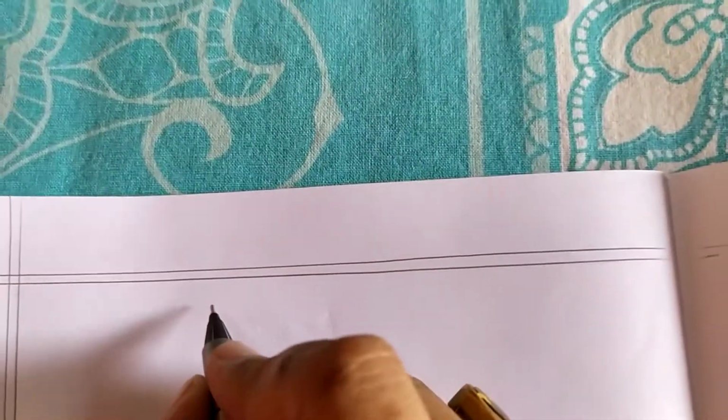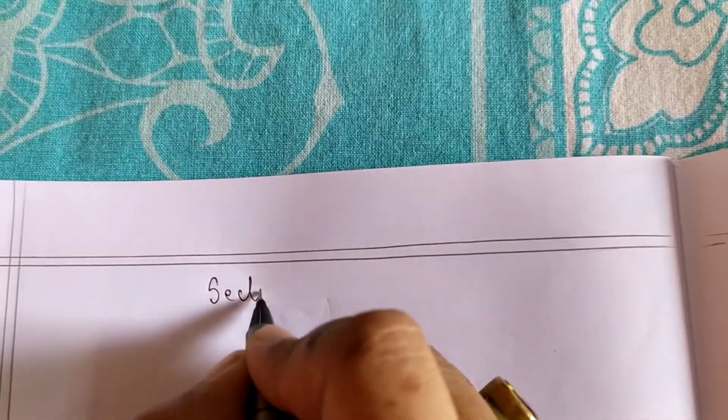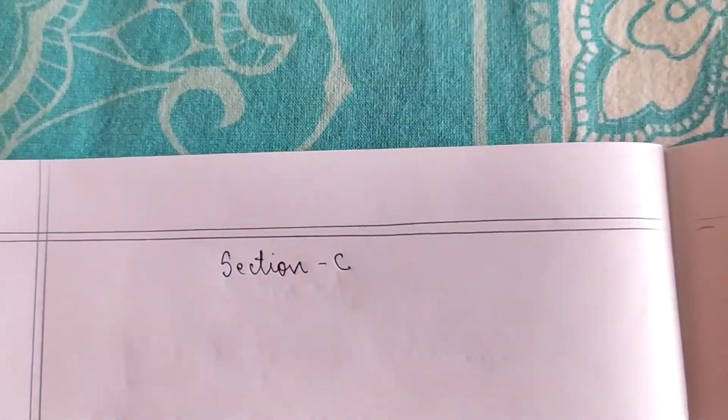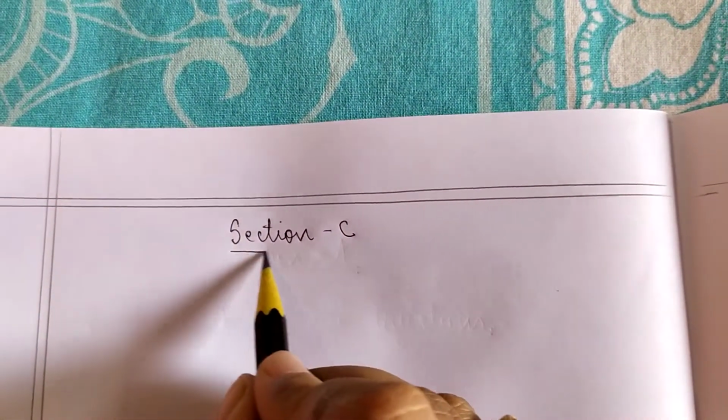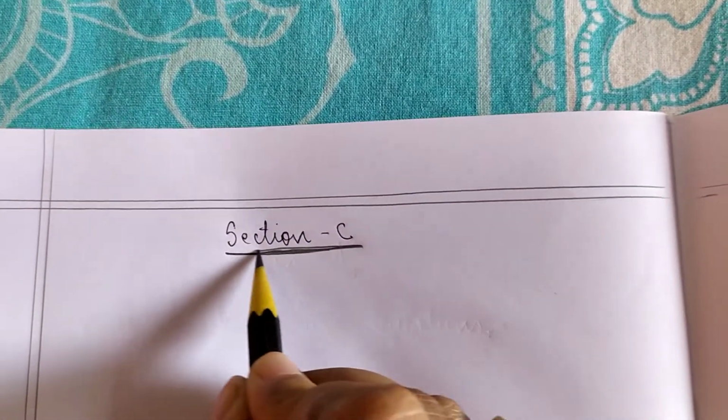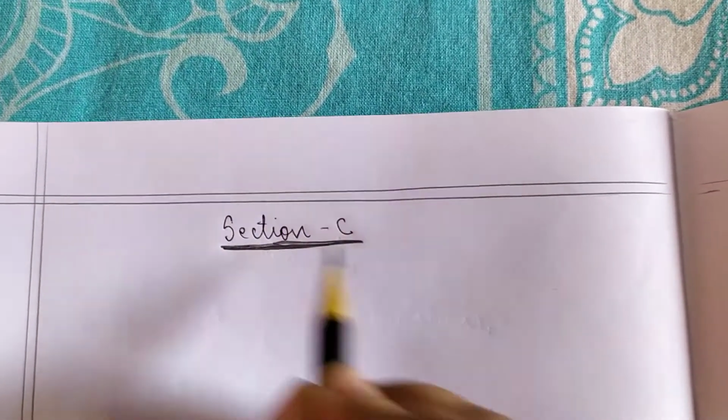Let me show you with an example. For example, if you are writing section C, after writing with a black ball pen, you will underline with a pencil to make it more attractive.